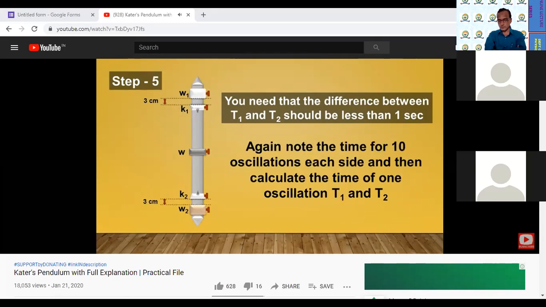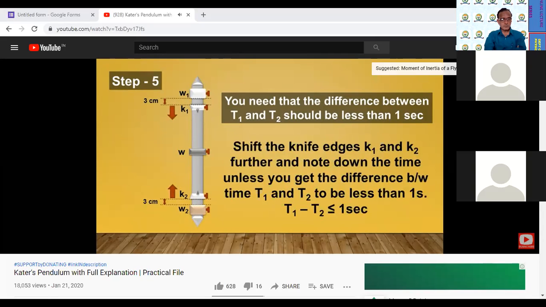Now, note down the time for 10 oscillations each side again and then calculate the time of one oscillation, T1 and T2. Now again, you can note down the difference between these times T1 and T2. If it is less than 1 second, then it is fine. Otherwise, you can shift the knife edges K1 and K2 further to reduce this time.